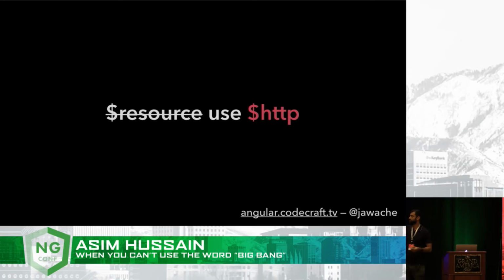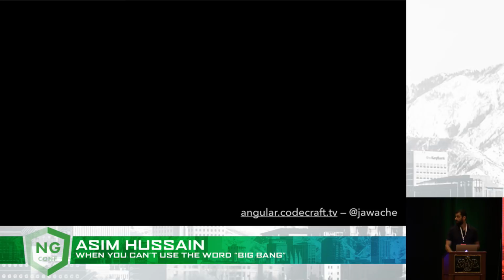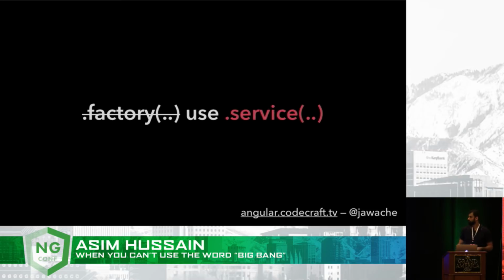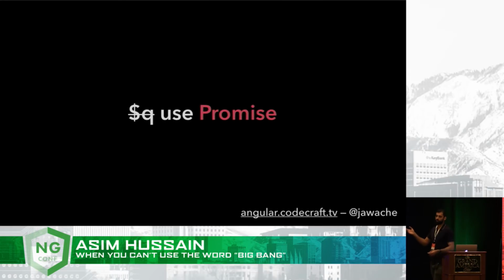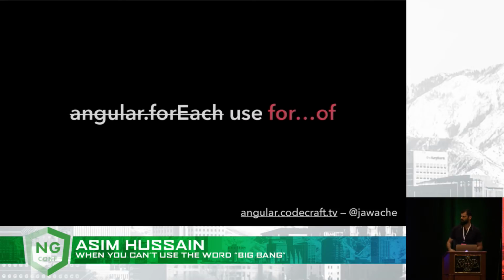So take this opportunity to use $http, for which there is a direct equivalent. Don't use factories, use services, because services expect constructor functions, and classes are just constructor functions, so it makes it really easy to use. Don't bother with $q. We've now got promises as a native feature in ES6, so just use promises. And I use a lot of angular.forEach, so just use things like for...of, like cool ES6 constructs, right?